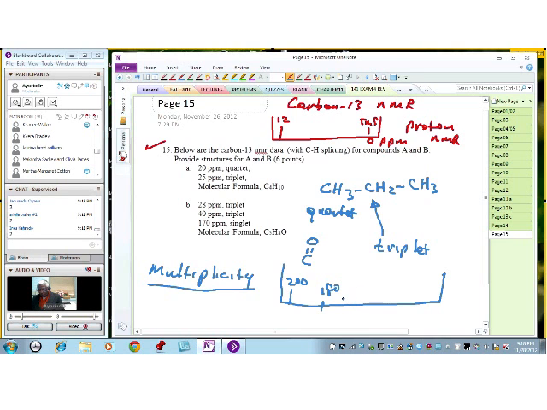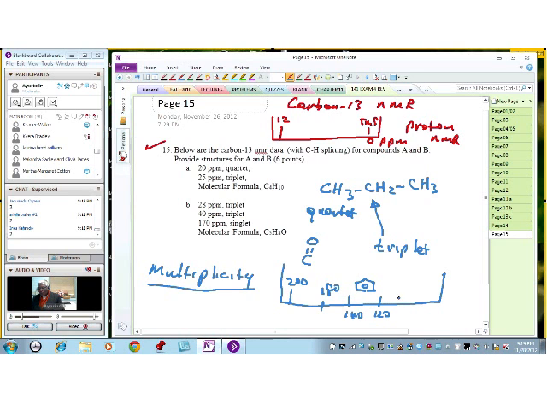Now, in the aromatic region, the benzene region, the carbons of benzene are somewhere between 120 and 140. So what I'm simply doing here is giving you what you have on that page 465.